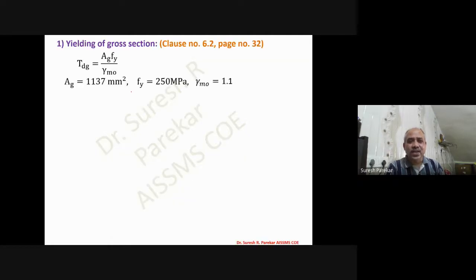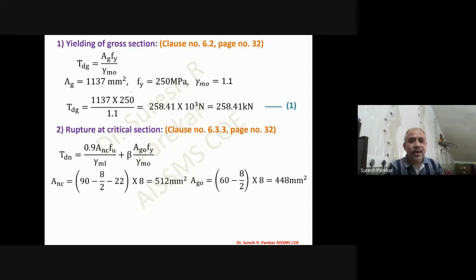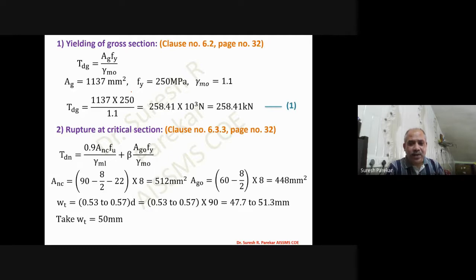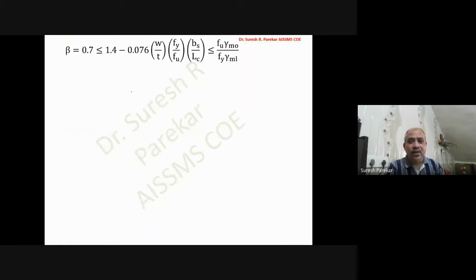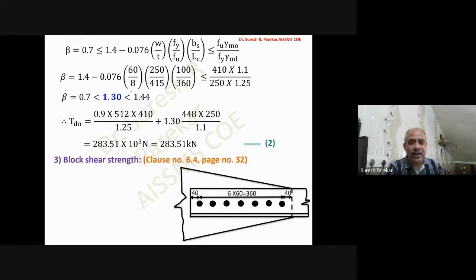Now we just go fast, because we know Ag, and by this we have calculated Tdg. Now Tdn we can calculate. Now we need not explain it. Already we have solved 3 problems from this, and we have this bs value. Then we can go to the value of beta. Beta we have 1.3, and this will give Tdn 283.51 kilonewton.